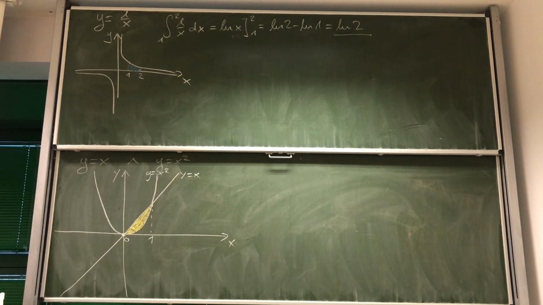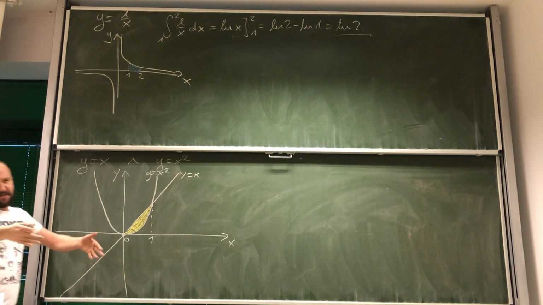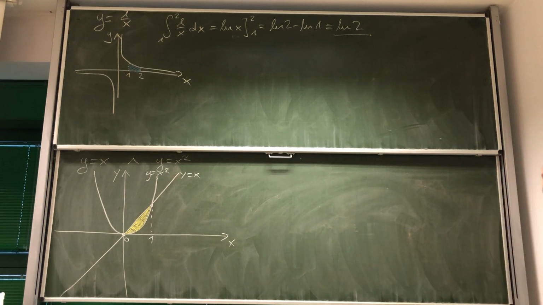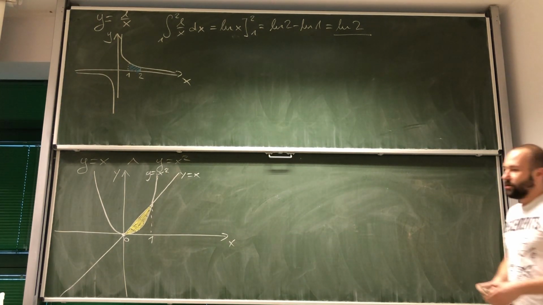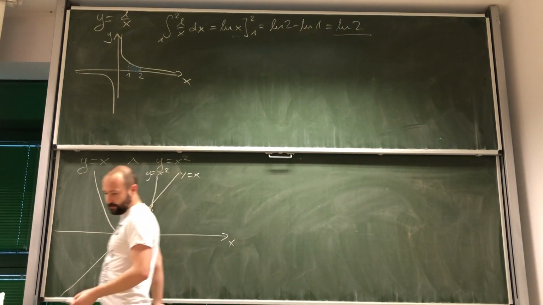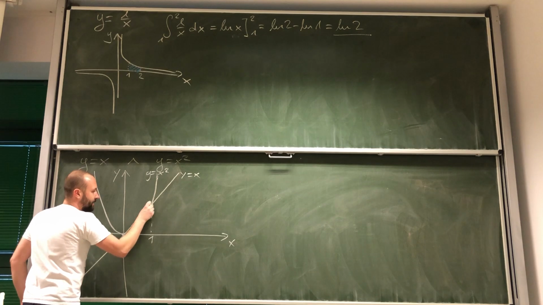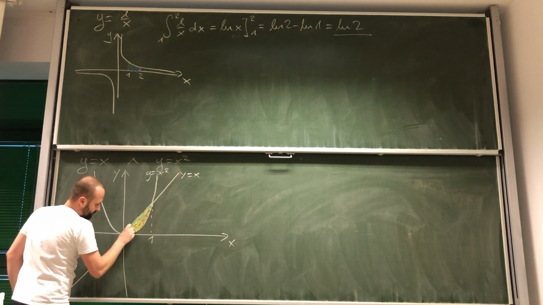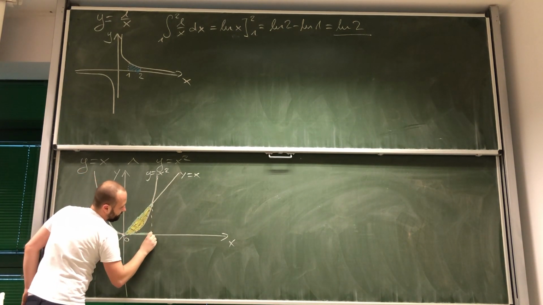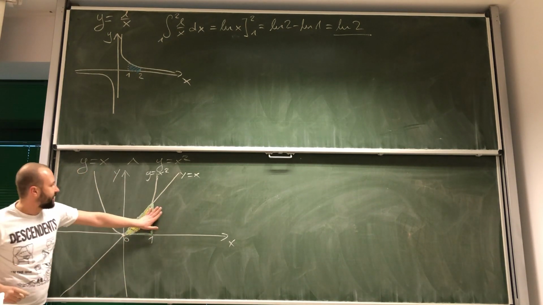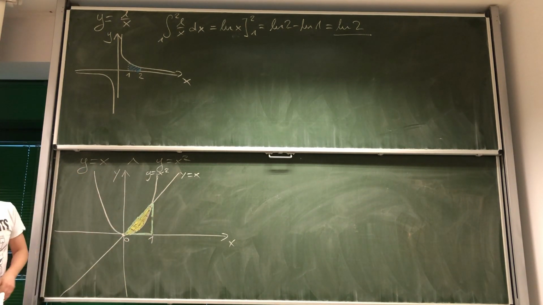Well, you might say, but we haven't had any formulas that would allow us to do it. We don't need to. We can use what we already know. How? Look, first thing I would do over here is calculate the size of this triangle below y equals x.